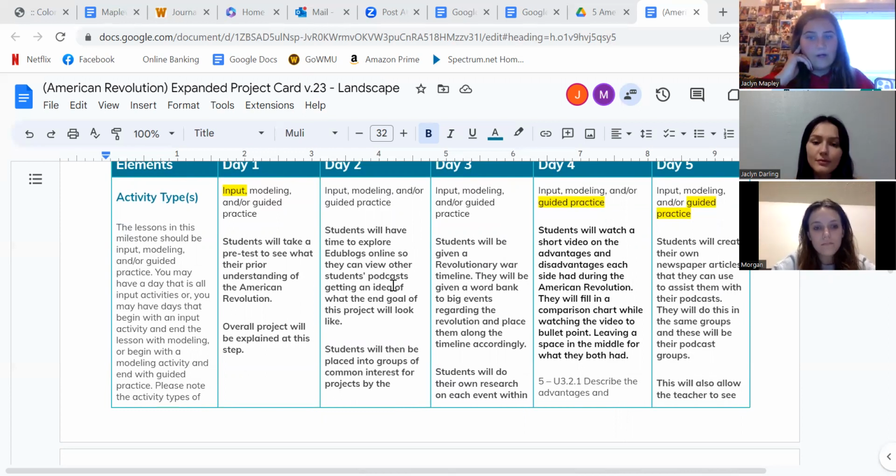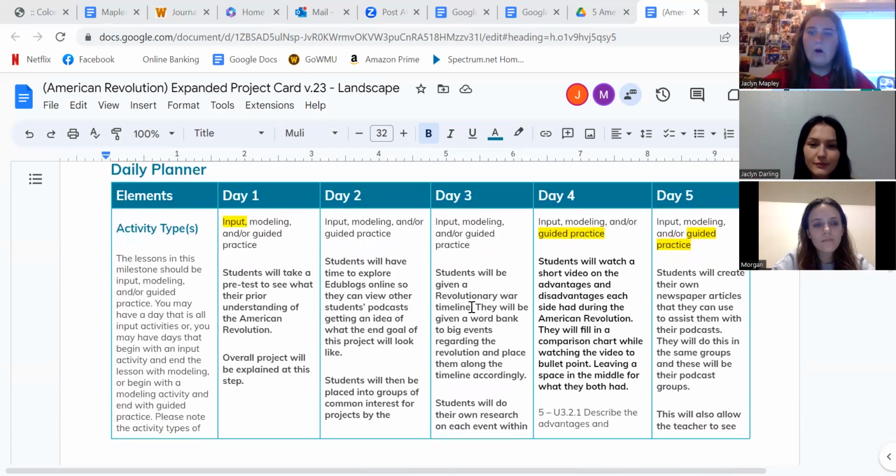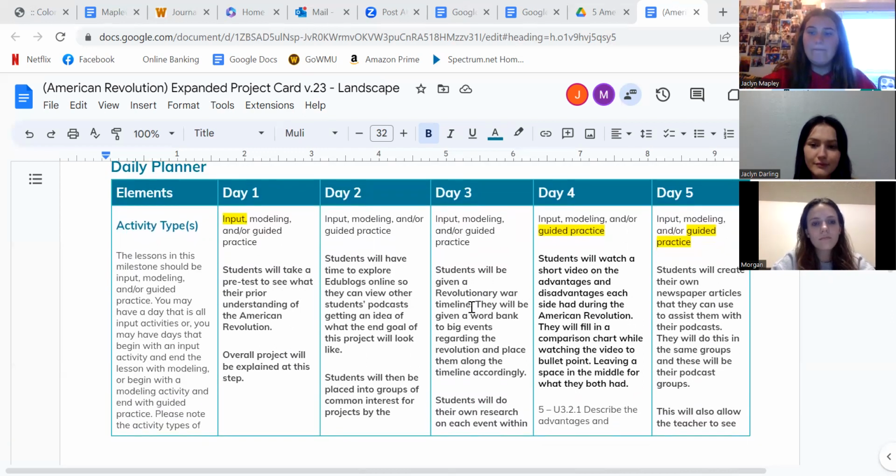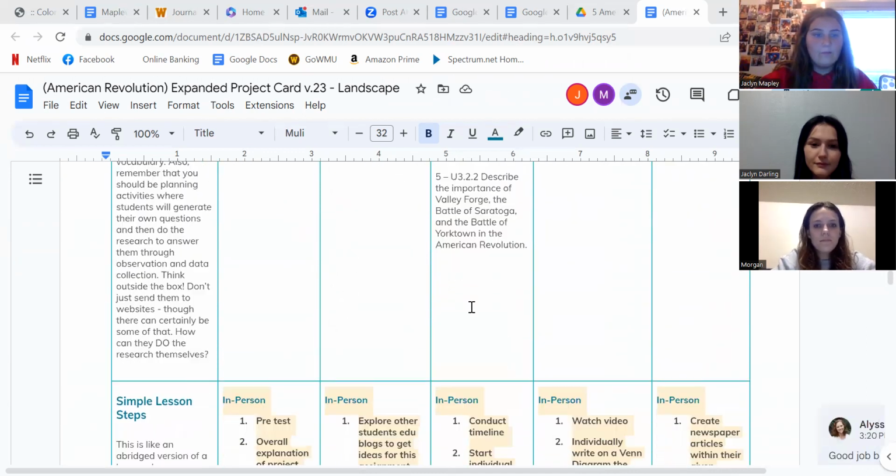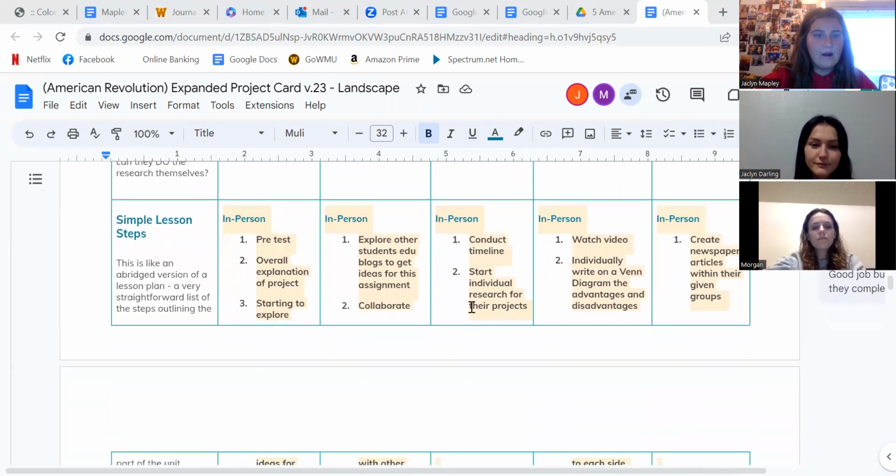On day 4, they're going to watch a video on the advantages and disadvantages for each side, and then make a comparison chart. For day 5, they're going to create their own newspaper articles to assist them with the podcast that they'll eventually make. We got some of our standards in there.